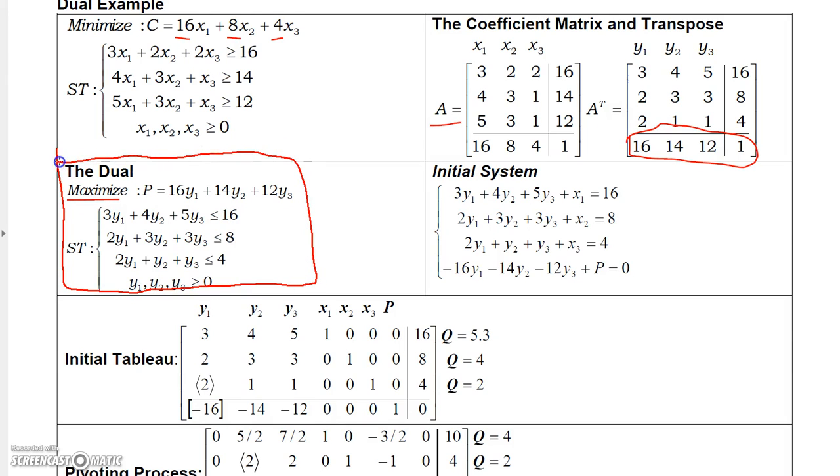Now, in this video, I'm just showing you how to set up the dual. In the next video, I'm going to show you how to solve the dual to determine the solution to the original problem. And here's what's really good about this dual.